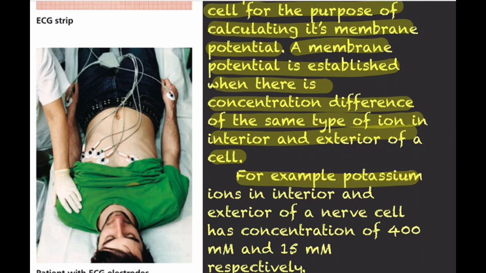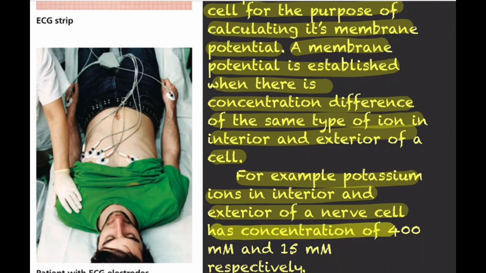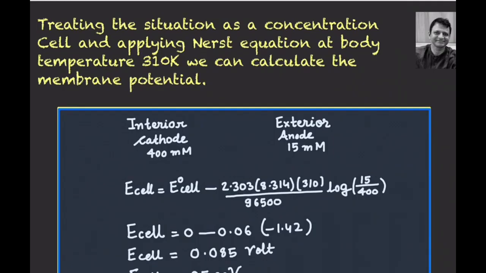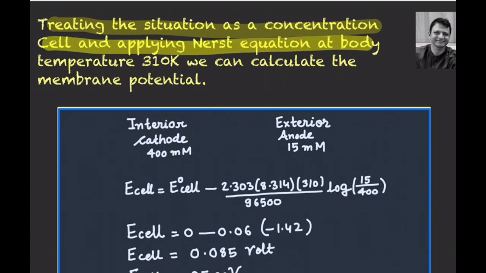For example, potassium ions in interior and exterior of a nerve cell have concentration of 400 millimolar to 15 millimolar respectively. Treating the situation as a concentration cell and applying the Nernst equation at the body temperature 310 Kelvin, we can calculate the membrane potential.